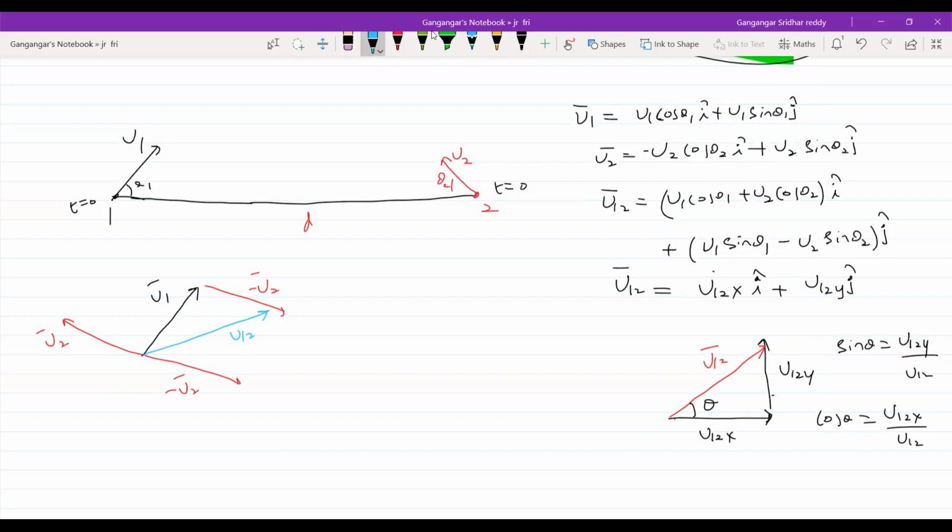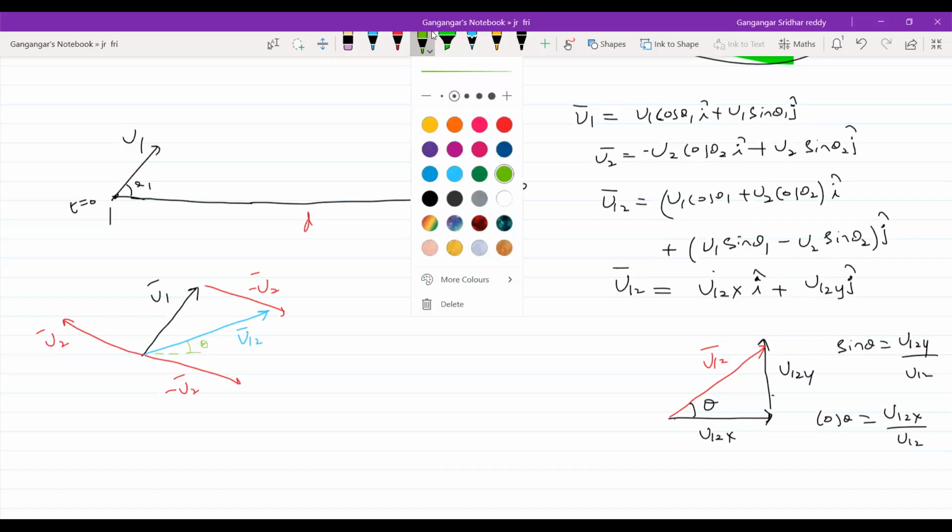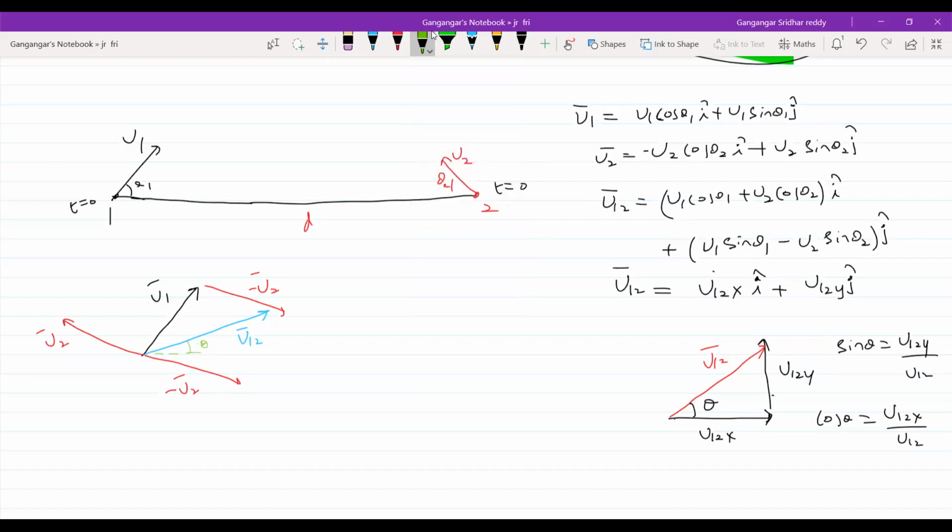Okay, can anybody say about the angle made by u12 bar? This was that angle, no? Alpha or theta, sorry. I'm writing in green color. And what is theta 1? Theta 1 is here.